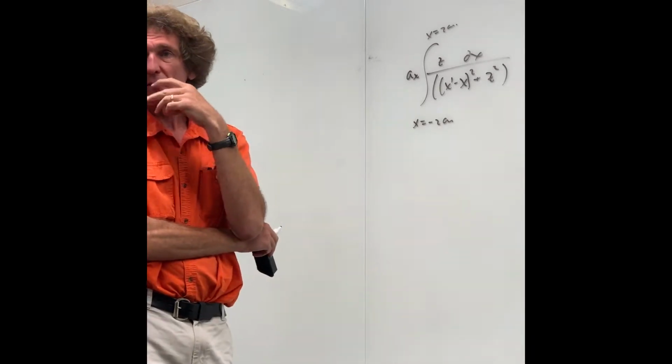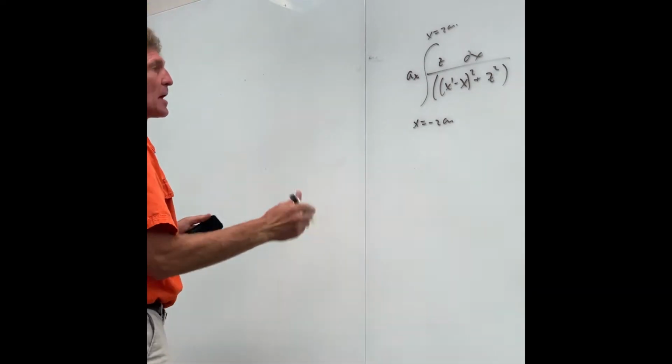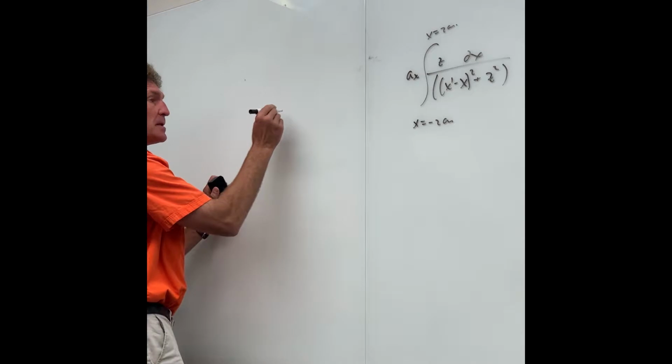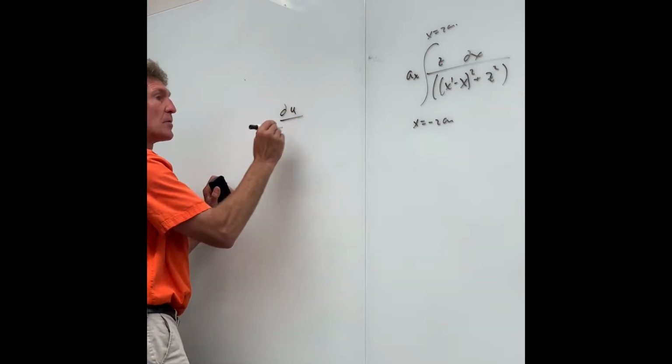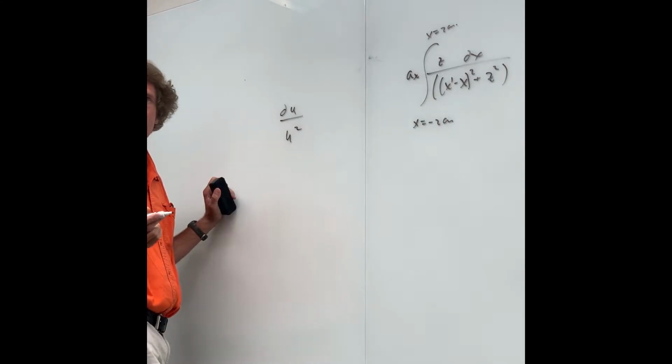What I'd like to have is an integral where it would be du over u squared, or u.